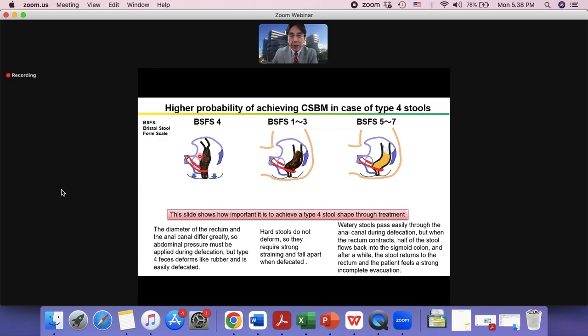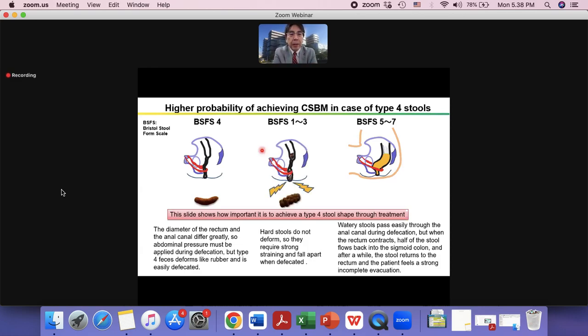and is easily defecated. It's a normal defecation. But in the middle illustration, this cartoon shows a hard stool that does not deform, so it requires strong straining. It increases blood pressure, takes a long time, and falls apart during defecation.